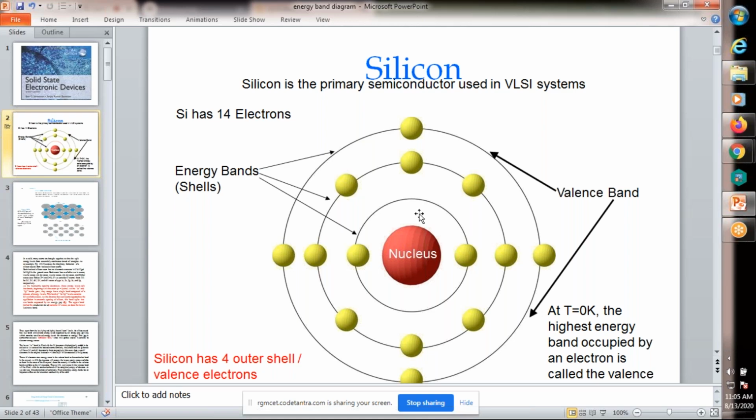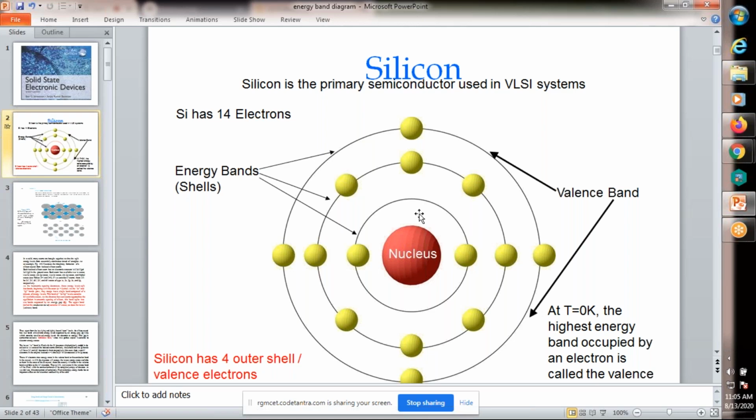Now, if you consider a silicon crystal, there are a larger number of atoms. We already know that in silicon, there are nearly 10 power 20 silicon atoms per cubic centimeter.